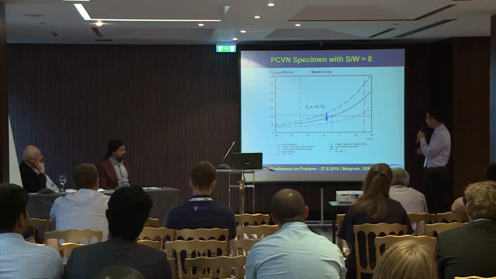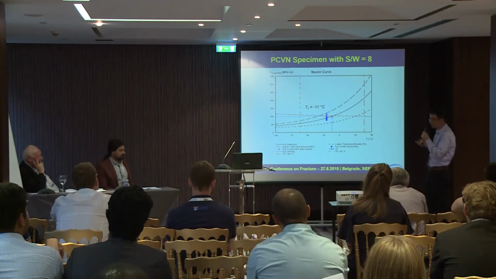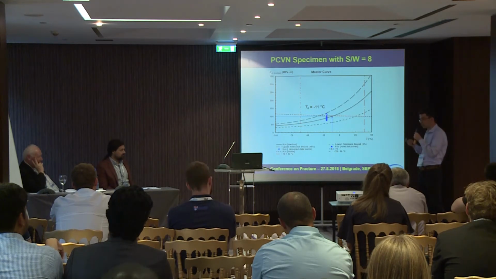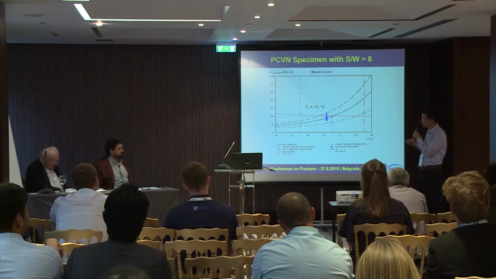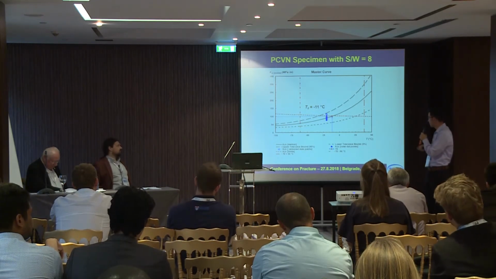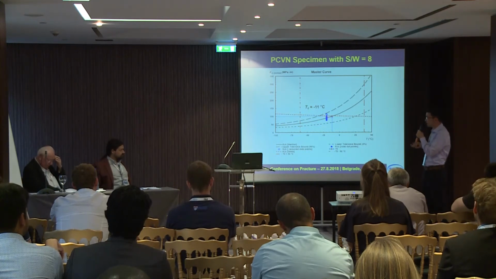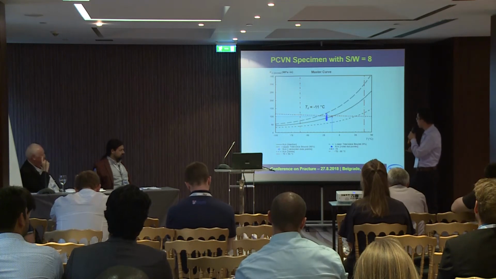And finally, here we can observe the master curve obtained from the PCVN specimen with S over W equals 8. In this case, the reference temperature is closer to the reference temperature obtained from the side-grooved PCVN configuration. And in both cases, there is a small number of censored data, which provides a more reliable reference temperature.